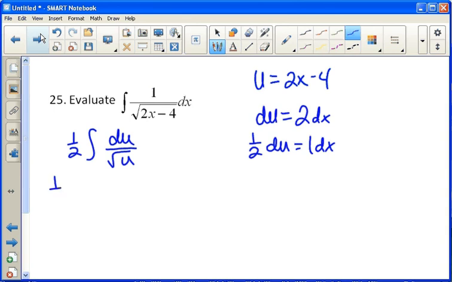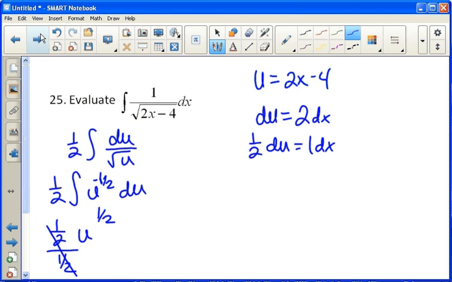So then I add 1 to the exponent, making it positive 1/2. Divide by that number, canceling them out. So I get 2x minus 4 to the 1/2 plus c, or square root of 2x minus 4 plus c. Those are both good ways to write that answer.